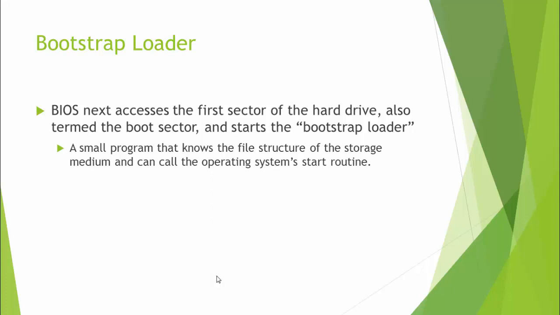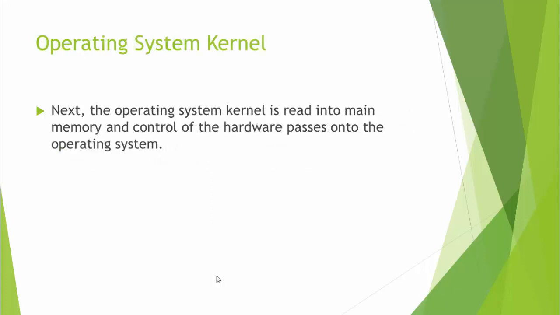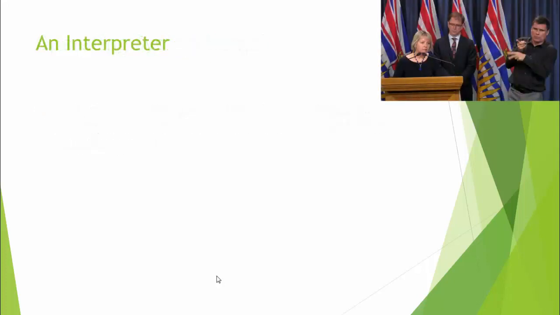When it does so, it triggers this program and begins the operating system start routine. In order to have this happen, there's an operating system kernel which reads into the RAM, and then the BIOS transfers control of the hardware to the operating system.